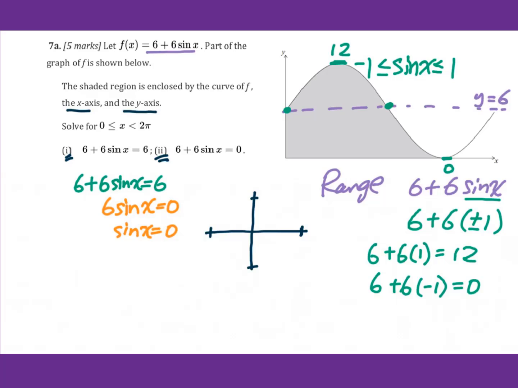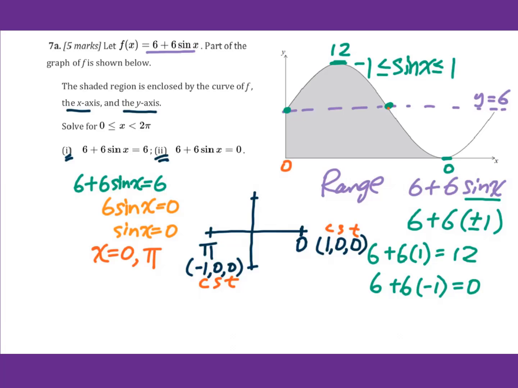Sine x equals 0. The x will be 0 and x equals pi, because the coordinates will be (1, 0) and (-1, 0). CAST. Therefore, x equals 0 and pi. This will be 0 and this will be pi.